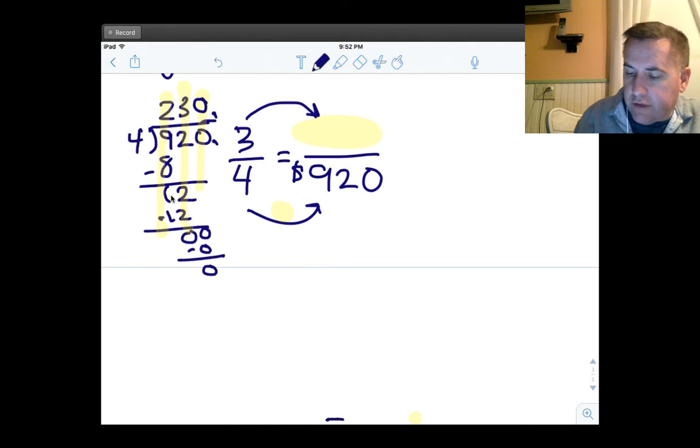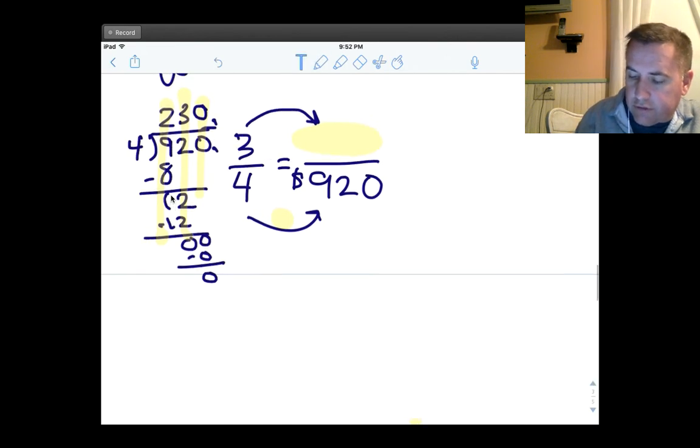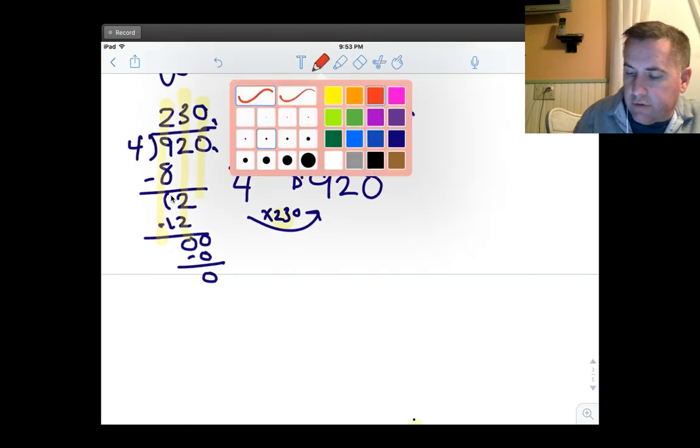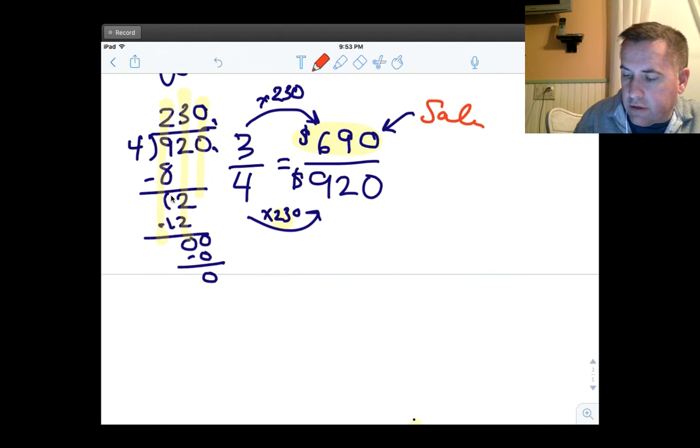Okay, so that means we multiplied 4 times 230 to get the 920, which means we need to multiply 3 times 230. We find that 3 times 0 is 0, 3 times 3 is 9, and 3 times 2 is 6. So our sale price is $690.